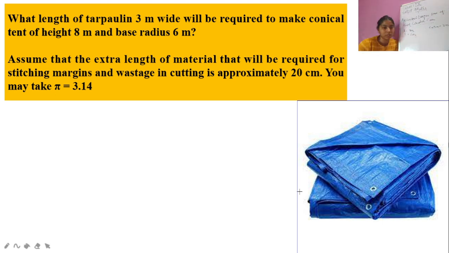So students, assume that extra length of material will be required for stitching purposes, for the margin or wastage being cut out, approximately 20 centimeter. The pi value is also given to you, that is 3.14 that you are going to use.